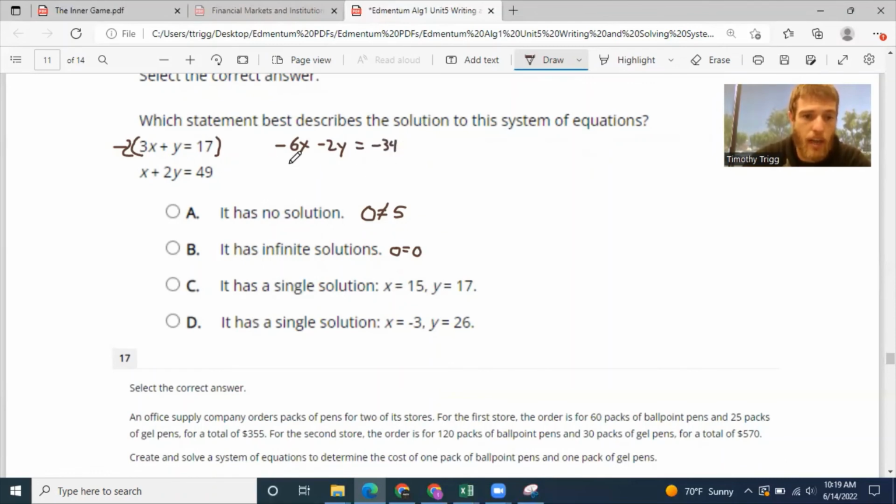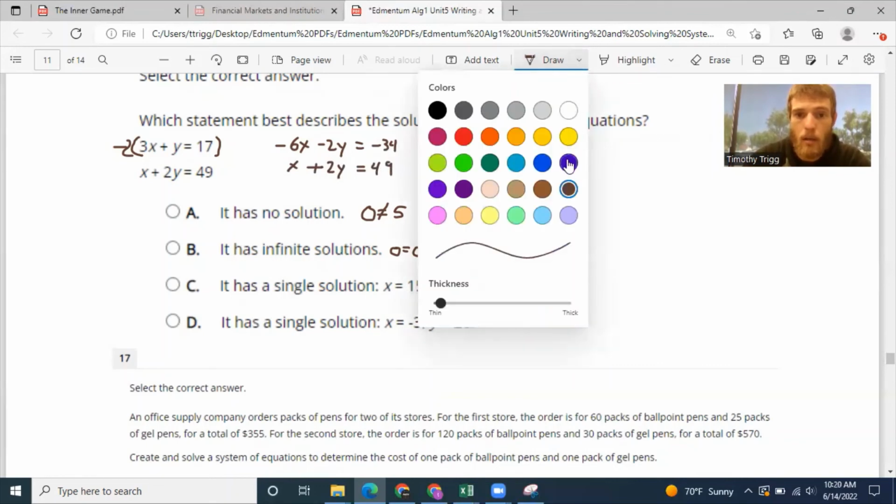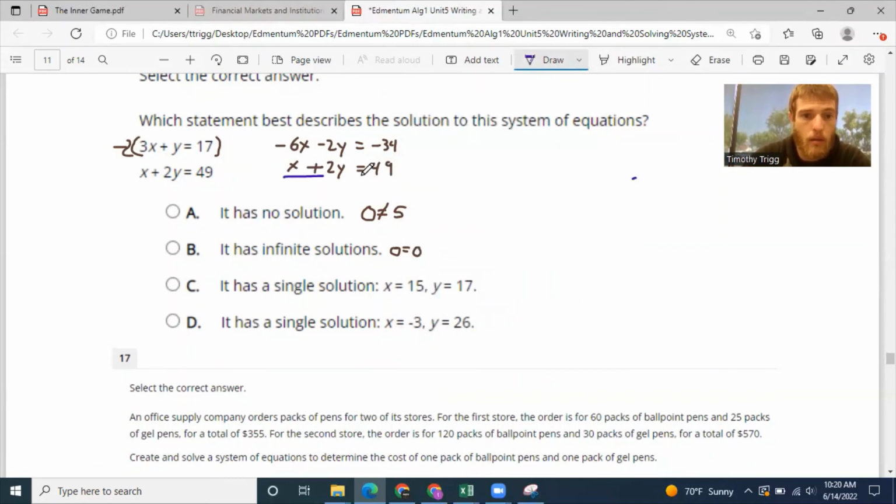The bottom equation had no need to change, so it remains as is. Notice my -2y is going to eliminate with the positive 2y there. So these eliminate. -6x plus x is -5x. And then -34 plus positive 49 is positive 15.